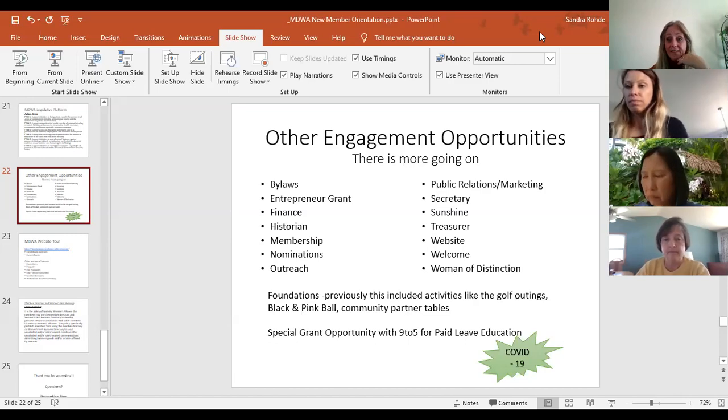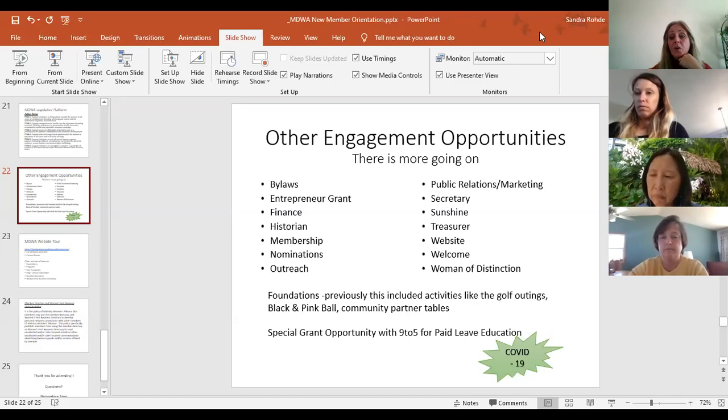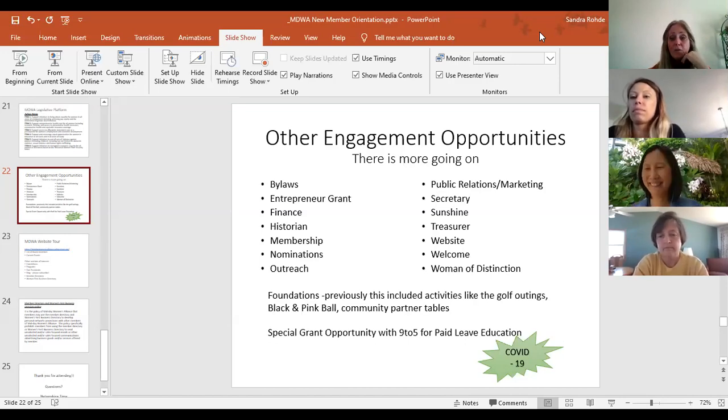Secretary, there's a couple things in the bylaws that are to be recorded, so they do that. That role has significantly changed since the paper days, right? The paper days, membership had to keep manual logs of who was where, what their address was, a hard copy binder that everybody got once a year.